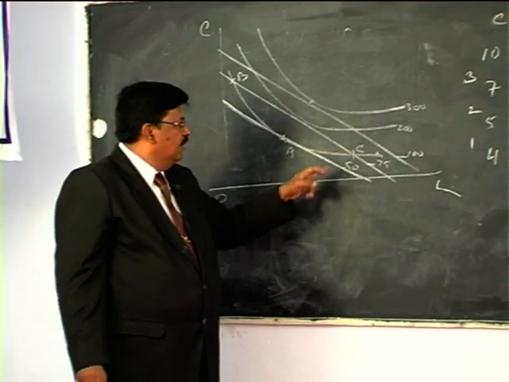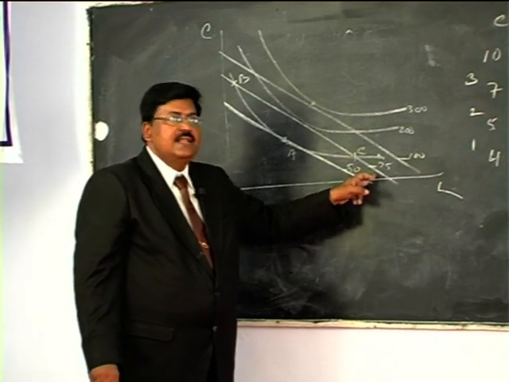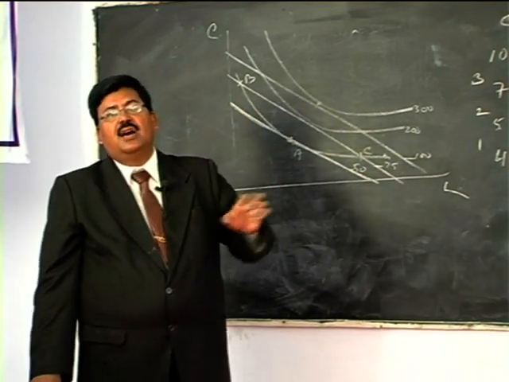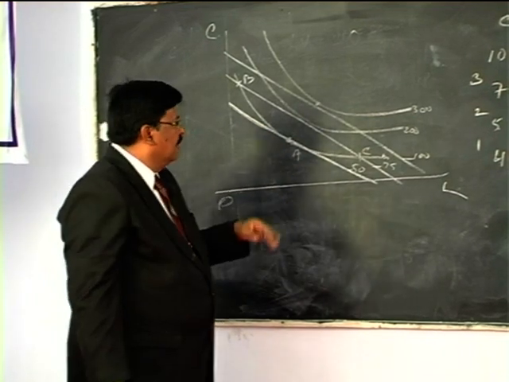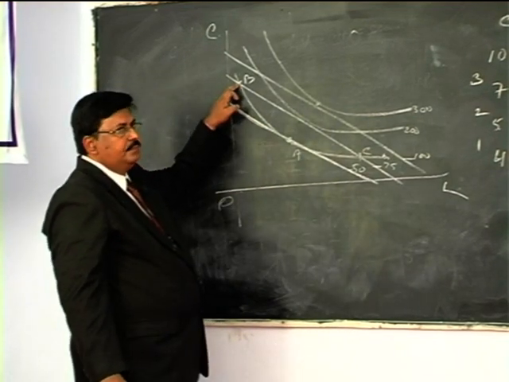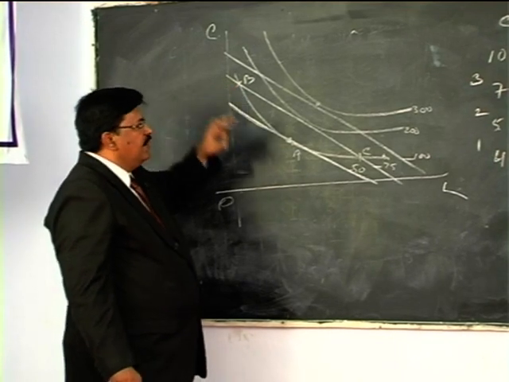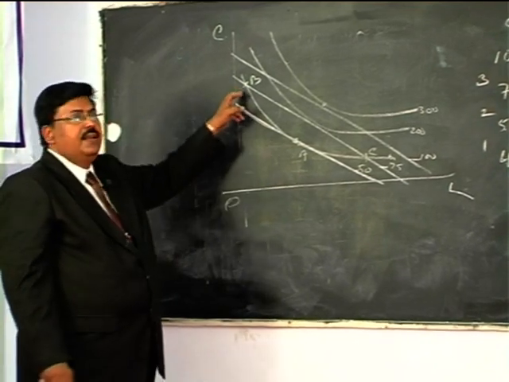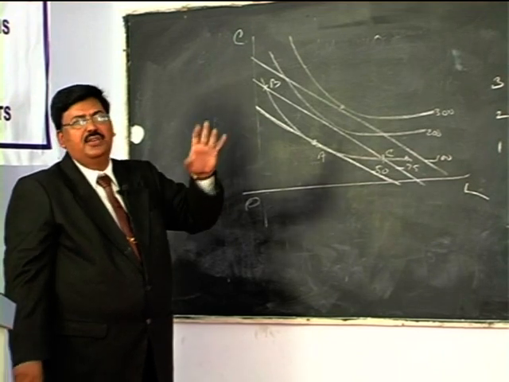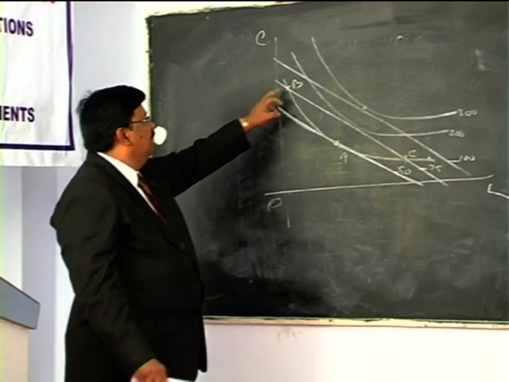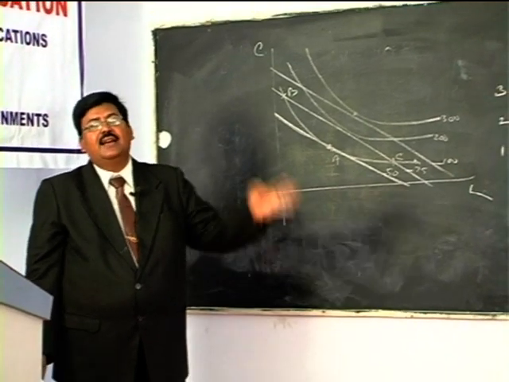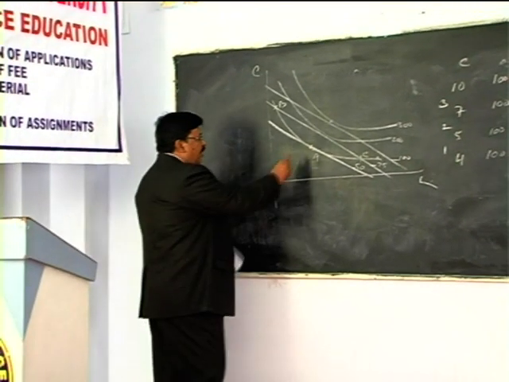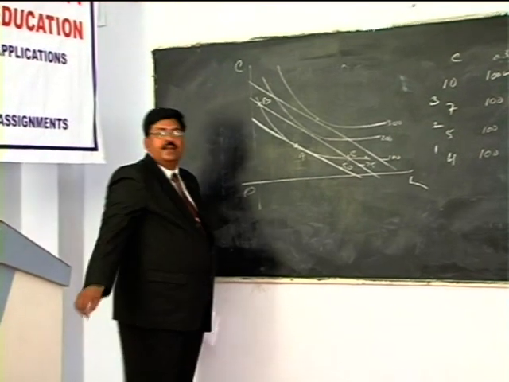But we know that point C is on a higher ISO cost line, which requires higher budget, higher expenditure. Similarly, the combination of inputs given by point B can also produce 100 units, but B is on a higher ISO cost line that requires higher expenditure, whereas at point A expenditure is only 50.